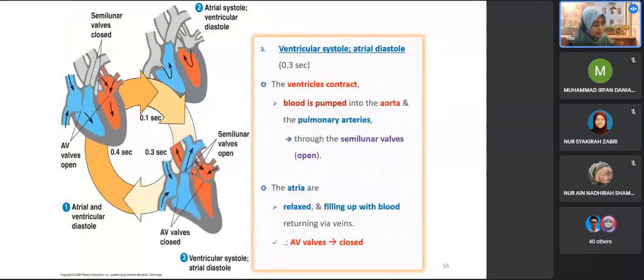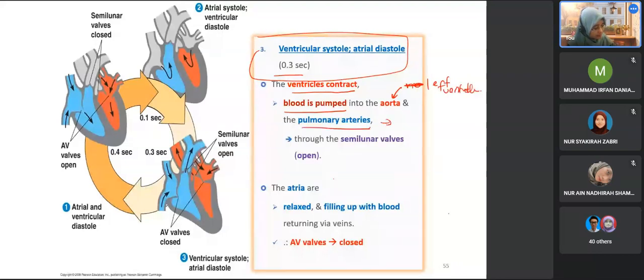Okay, so the third stage is ventricular systole, atrial diastole, 0.3 second. So semua darah daripada atrium dah masuk ke dalam ventricle. So sekarang ventricle yang kena contract. Okay, ventricular systole. So the blood is pumped into the aorta from the left ventricle, and pulmonary artery from the right ventricle, through the semilunar valve.